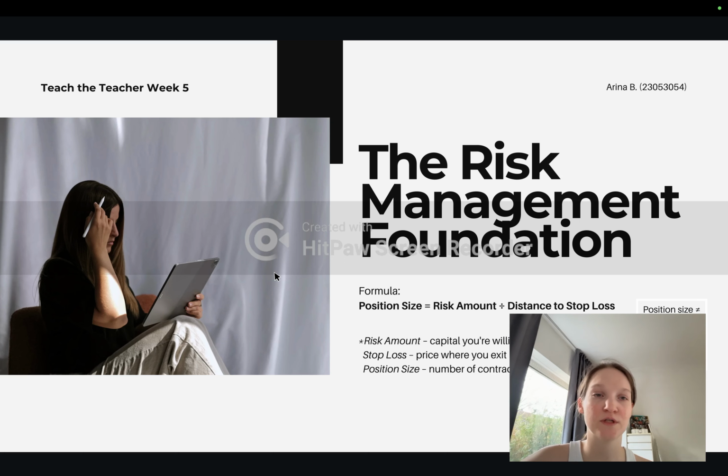The stop loss is the price at which the person would like to quit the deal. It's important to mention that position size is not the same as the risk amount, and risk amount should always be determined before entering the trade.